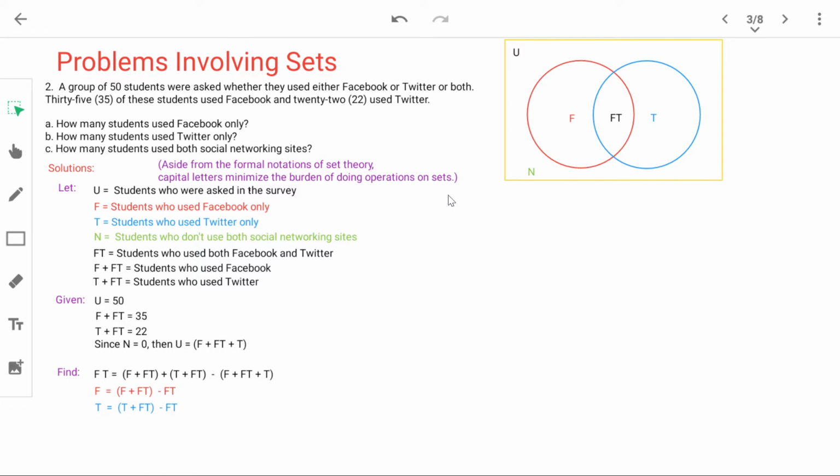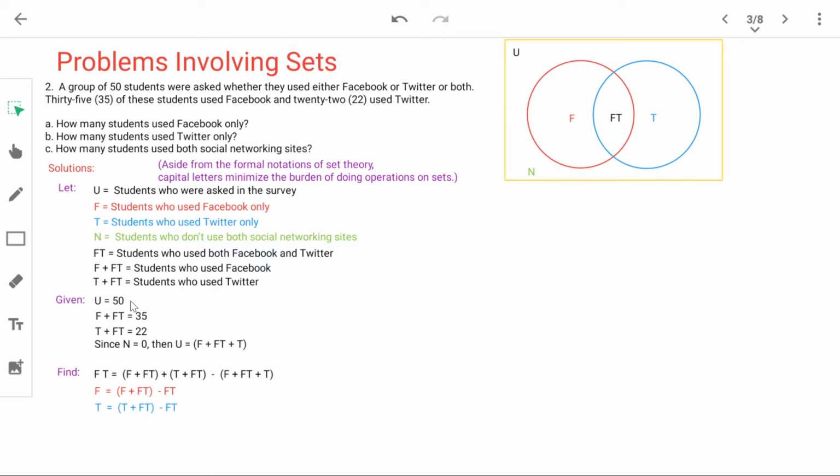As you can see in the Venn diagram, we have indicated there the letters, and later we are going to assign values in every region of this Venn diagram to illustrate and solve the problem being discussed here.